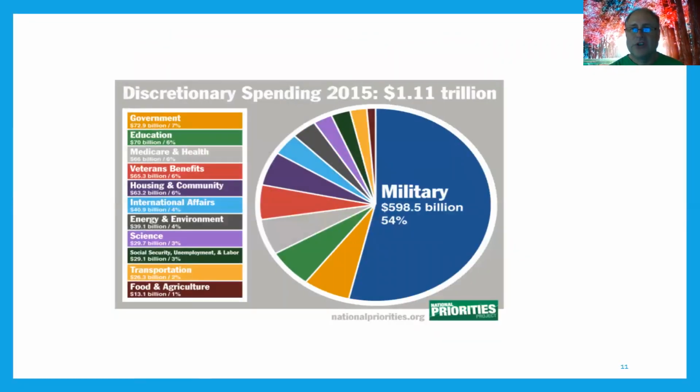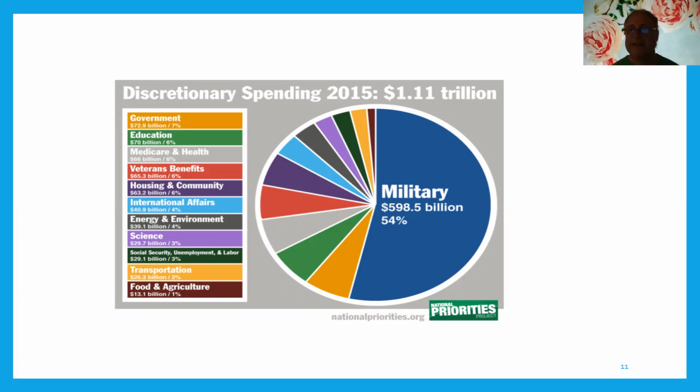This slide shows you what's called discretionary spending. And discretionary spending is spending that is not mandatory. There are certain things that the government is required to fund, such as Social Security. However, there's a large percentage of the budget, over $1 trillion, that's discretionary.